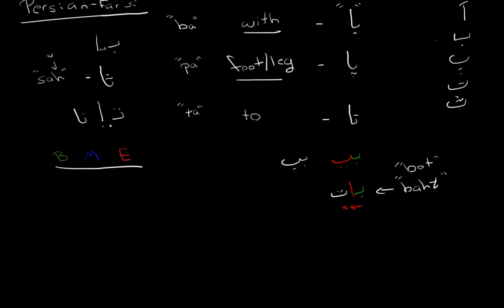So I will have a beginning form of be, mid form of pay and te, be, pay, te, and then an ending form of say.